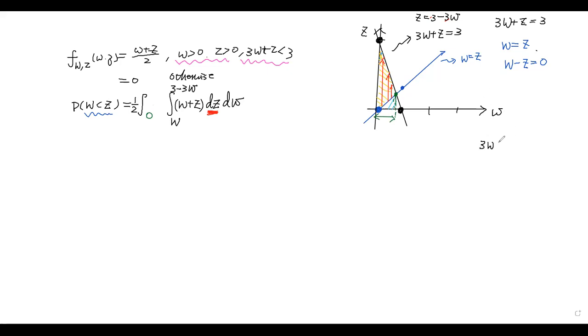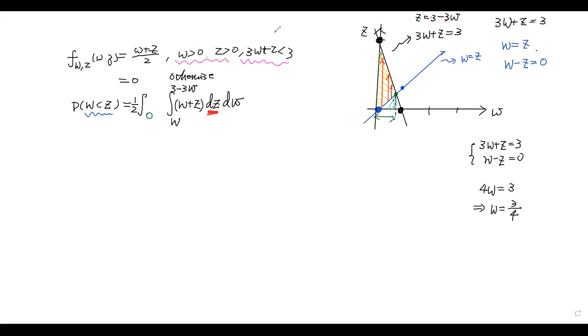So I solve 3W plus Z equal to 3, and W minus Z equal to 0. You try to solve these two equations. If I add them, I'll have 4W equal to 3. So what is my W here? W is equal to 3 over 4.